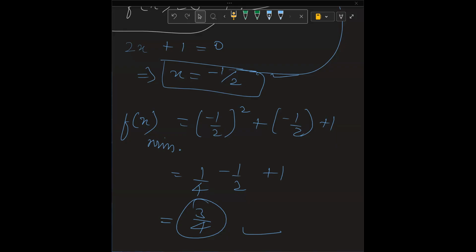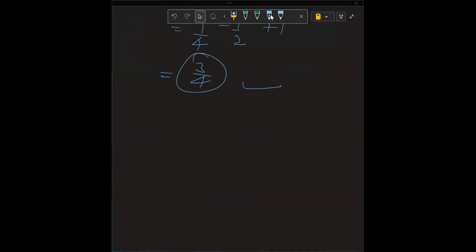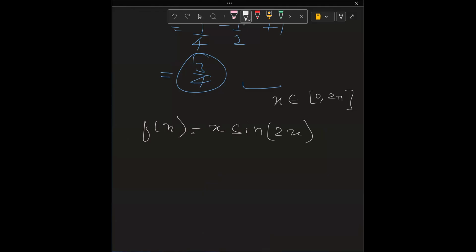So the ninth one was f(x) is equal to x plus sine 2x, and x belongs to 0 to 2 pi. So this is your f(x), and you have to find the maximum and minimum value. So just take the derivative of this.